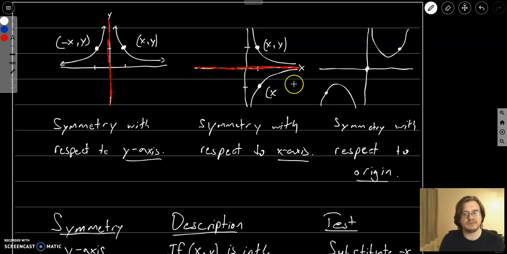We're not shifting anything from left to right. However, we are flipping from top to bottom, so any positive y value will become a negative y value, and vice versa. Lastly, with the rotational symmetry, this is maybe the least obvious, but what you'll notice is that if we pick a point x, y, and we rotate it all the way around here, not only will we have the negative x value, we're going from the right to the left, but we'll also have a negative y value, we're going from top to bottom. So the way this flips is we will negate both the x and the y values.